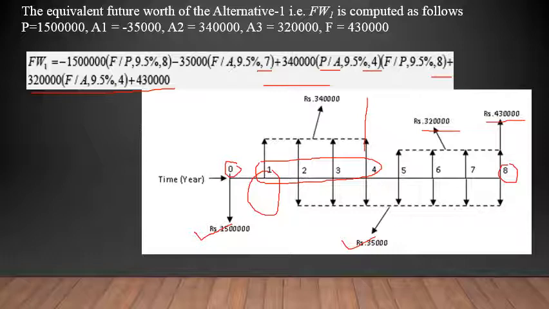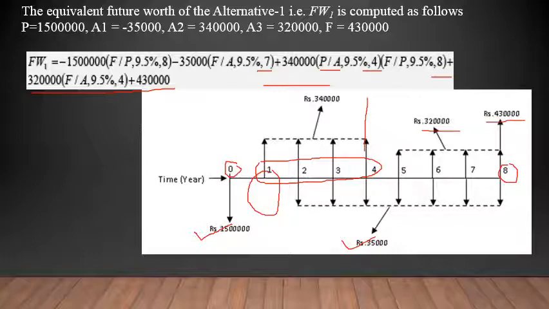Is that point clear? Whenever you get A in between the timeline, if it is not uniformly spread, then you cannot use the factor F by A straight away. While this cost, even though it did not start from year 1, its flow was continuous up to the end.